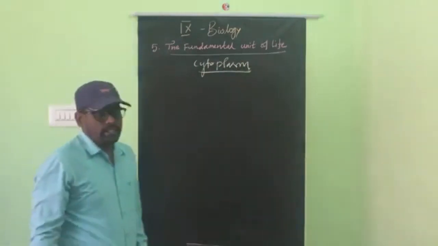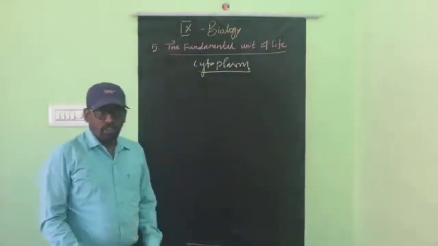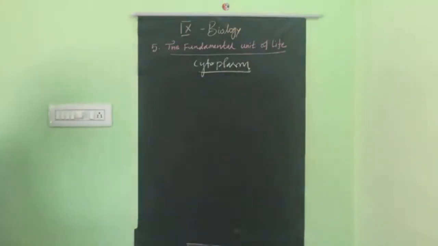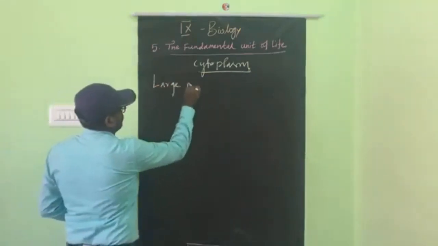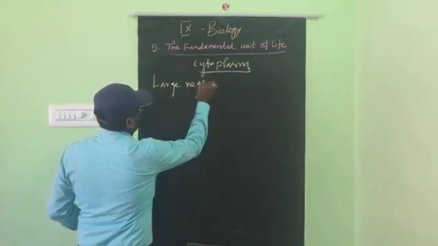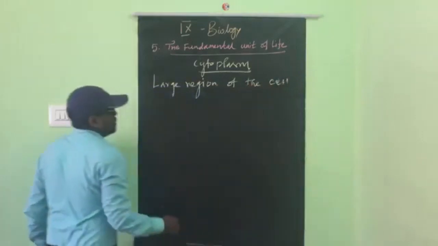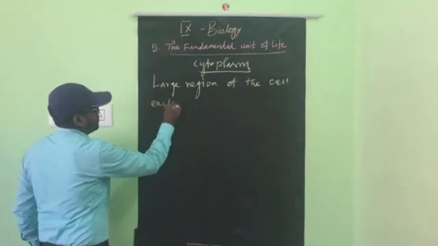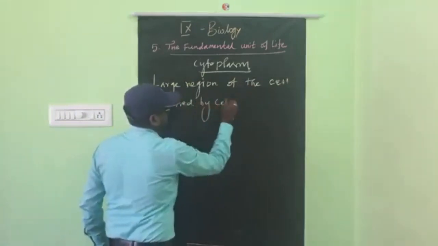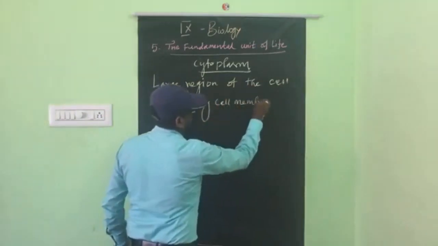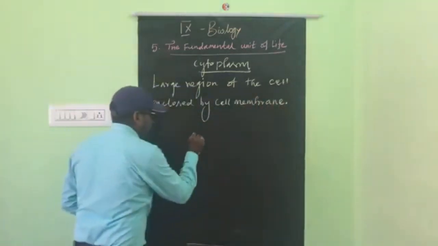Cyto means cell, plasm means the fluid substance present inside the cell; we call it cytoplasm. It is the large region of the cell enclosed by the cell membrane, whether it is a plant cell or an animal cell.